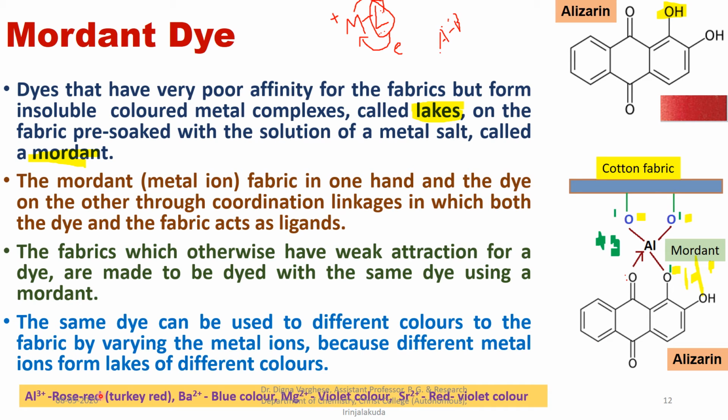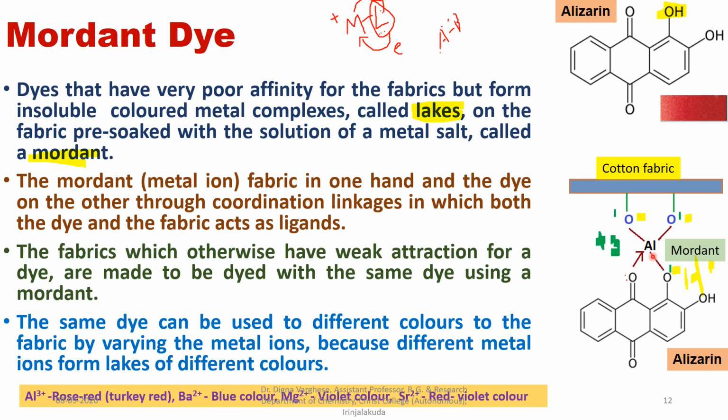So aluminium gives rose red or turkey red. If barium is the metal ion, it gives blue color. If magnesium is the metal ion, it gives violet color. Strontium as the metal ion gives red violet color.